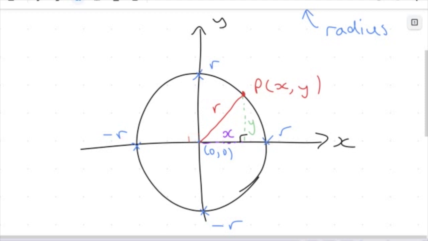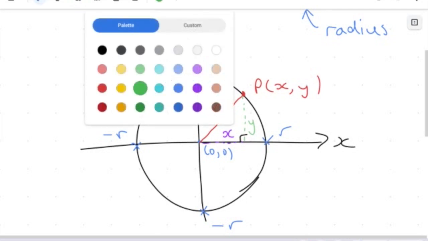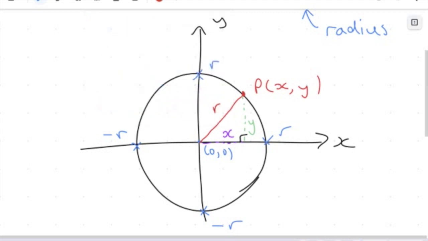I have a triangle that I can construct with the radius, the X component, and the Y component. And no matter where I draw this, if I do another line, say up here, let's make this slightly different. I still have my radius here, and let's call this point Q, (X, Y).